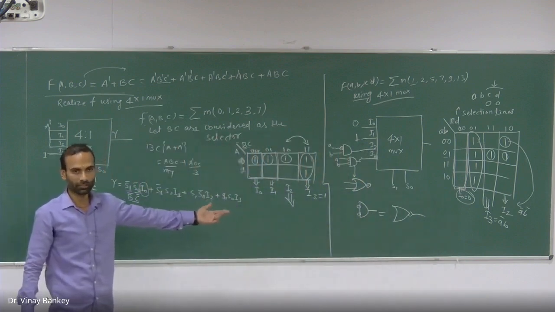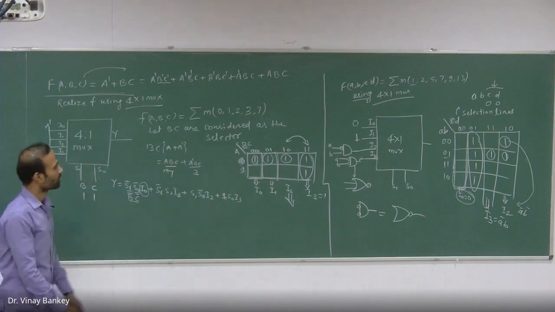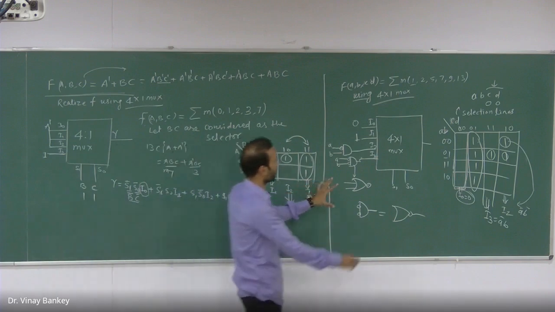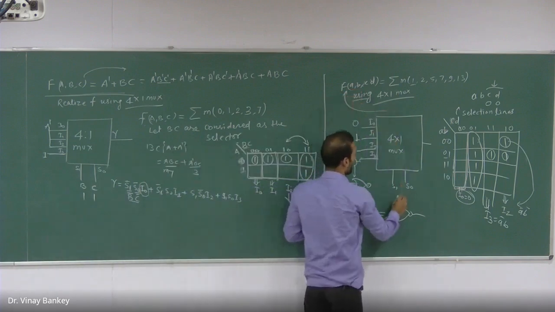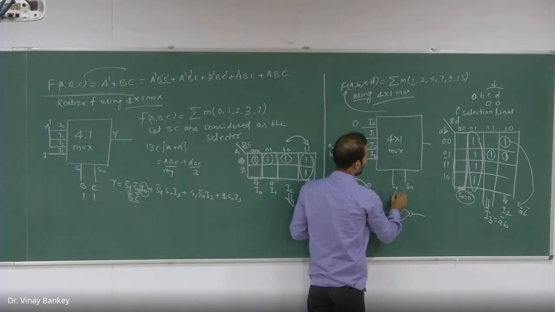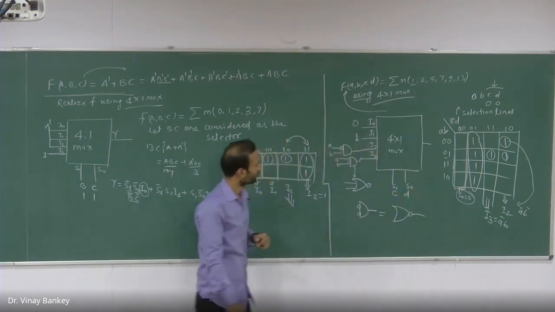This is the implementation of De Morgan's theorem. So this way, this whole mux will result this given Boolean function, and S1 was C and S0 was D.